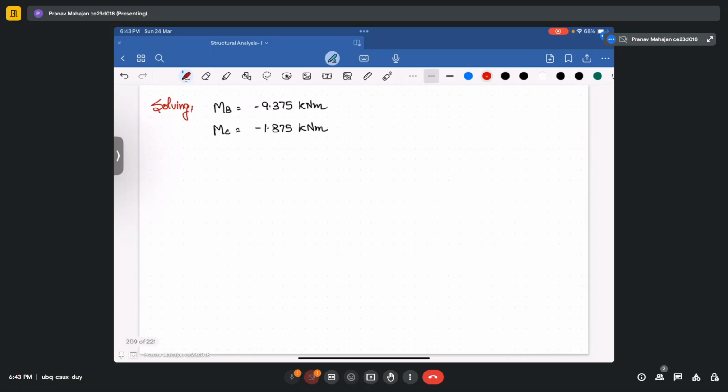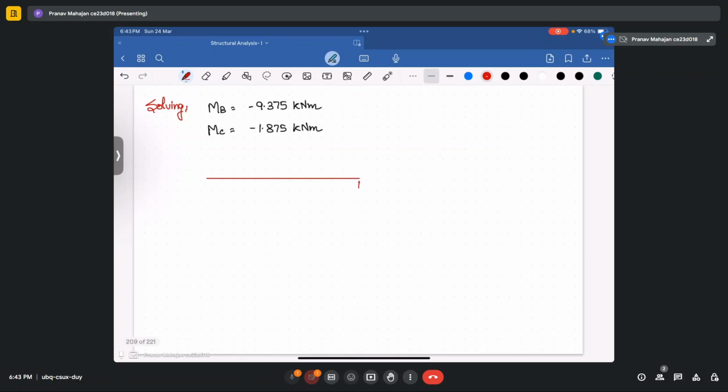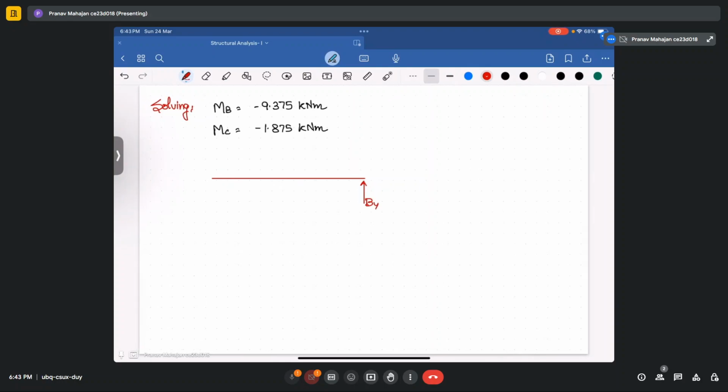So now we will take one span, that is span AB. Applying sign convention, you will get BY and MB like this. Your 20 kilonewton force will be at the center and you will get AY and AX here.